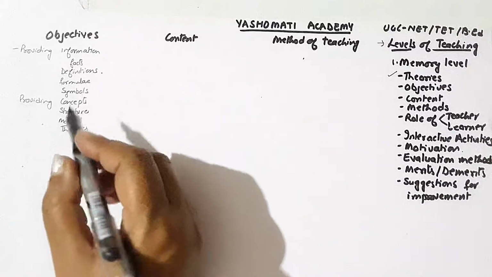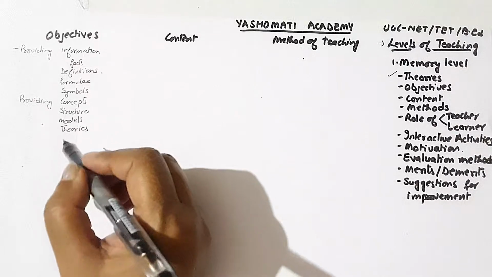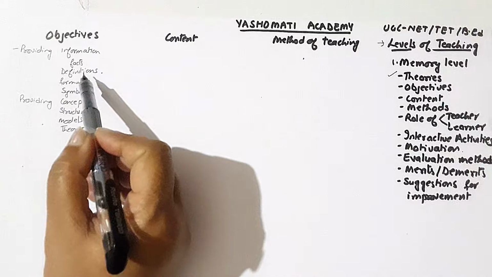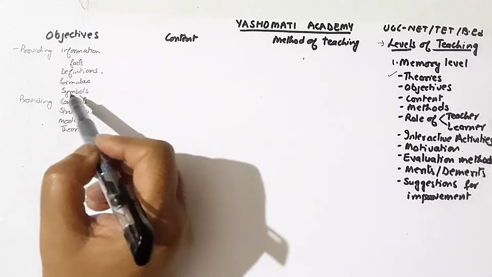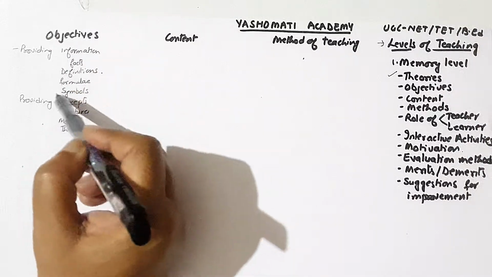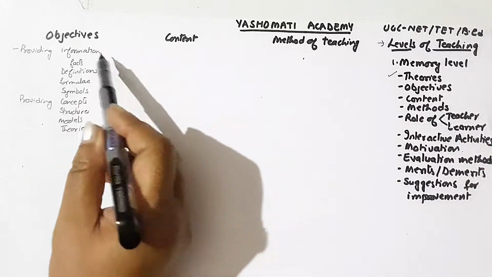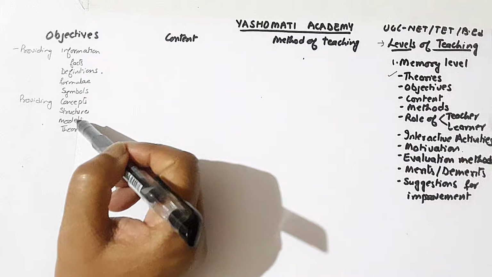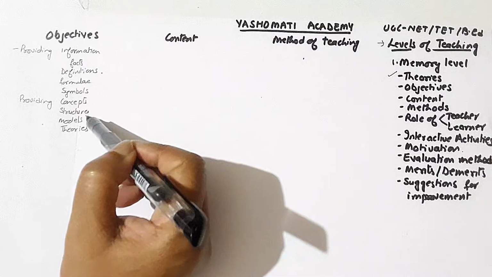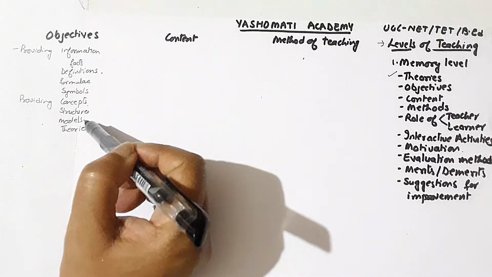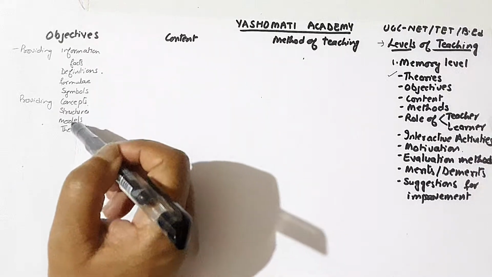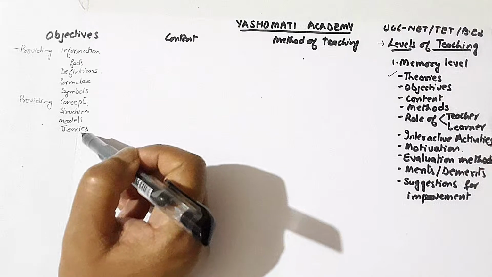So in the initial stages, if our requirement is to provide certain concrete facts, if the material is simple, then these contents are to be provided. But in case we want to teach some complex material which is based on complex concepts or models or theories, there also we need to make them memorize these structures.